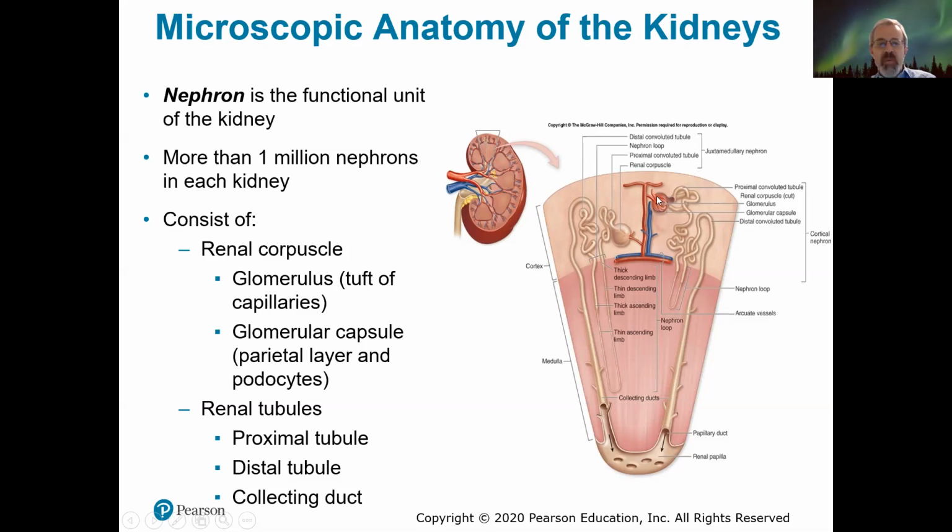Surrounding the capillary, we have what's called the glomerular capsule, which consists of a layer called the parietal layer, and podocytes. You can't see them at this level, but I just want to let you know that we have the glomerulus and the glomerular capsule.